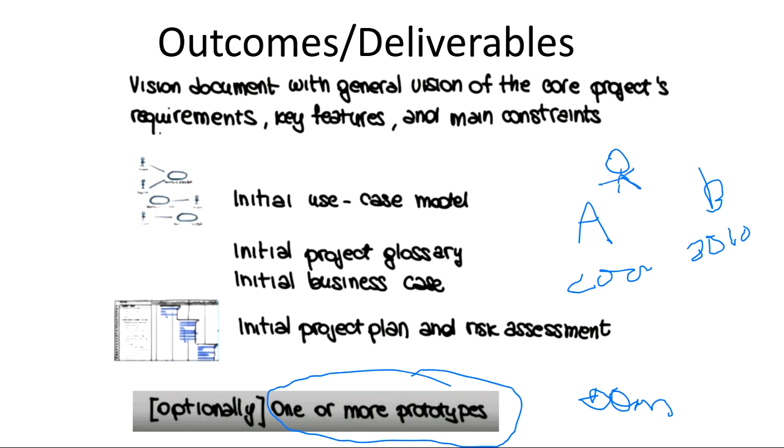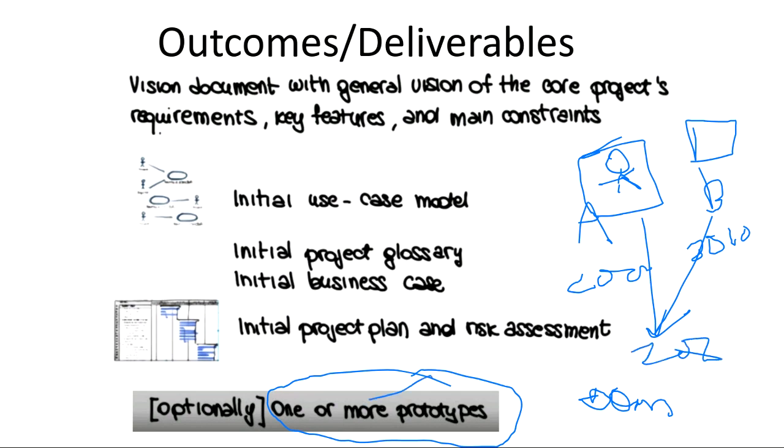A rough prototype of this and also of this, to see how you can use them to create this new model of 2020. That is one or more prototypes. It depends, this is optional. Whether you have created this kind of project earlier or not depends on a lot of cases, but this is optional. But these other things are mandatory in an inception phase.